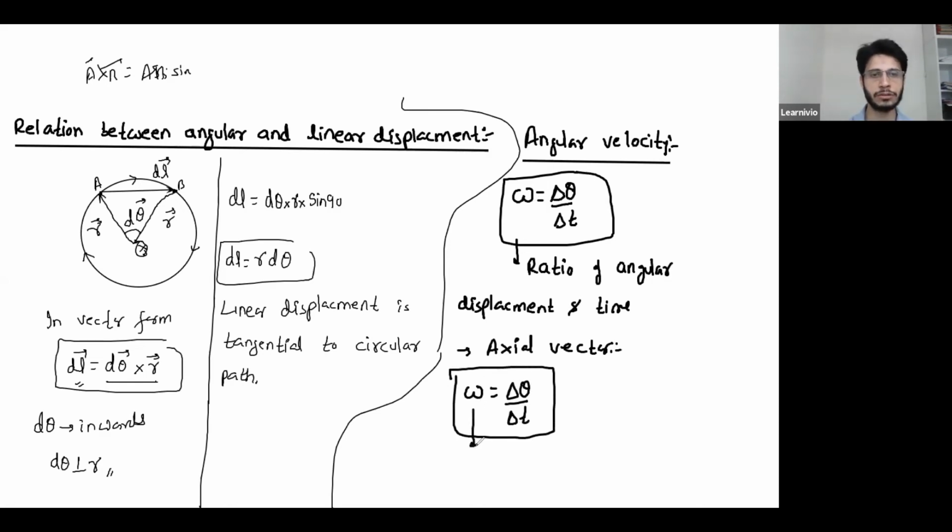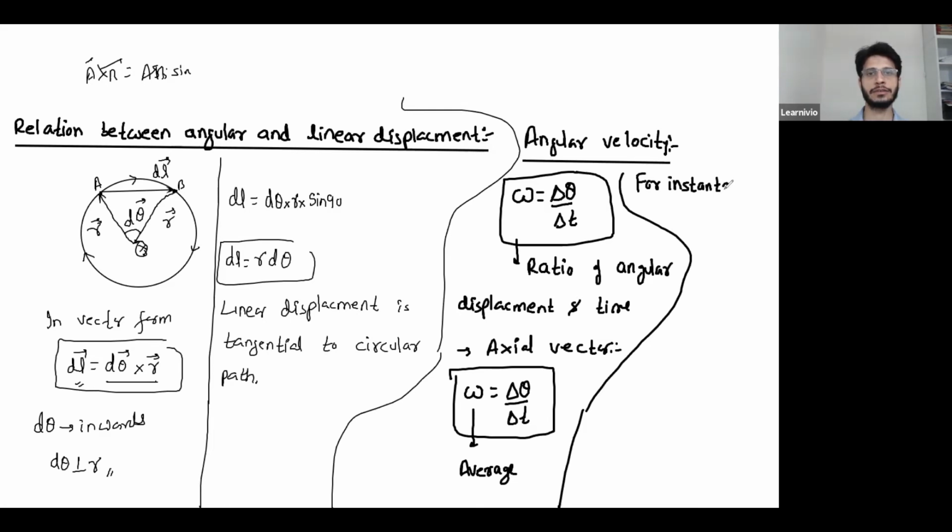This is average. When you take delta theta by delta t, this is an average. Whenever you use delta, the quantity that you got is average. For instantaneous omega, we take d theta over dt.